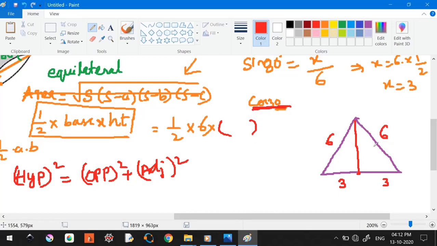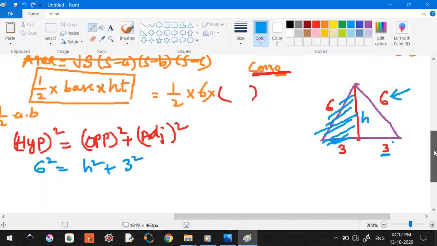So if you ignore this particular triangle and only consider this one, this is going to be the largest side, which is the hypotenuse. Let us say this is the adjacent or opposite side. So hypotenuse square is going to be opposite side square, which is, let's say, h, what we want, h square, plus adjacent side square, which is 3 square. I hope this is clear.